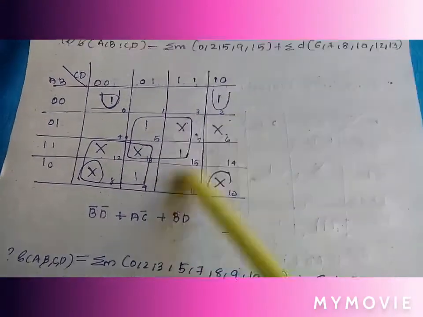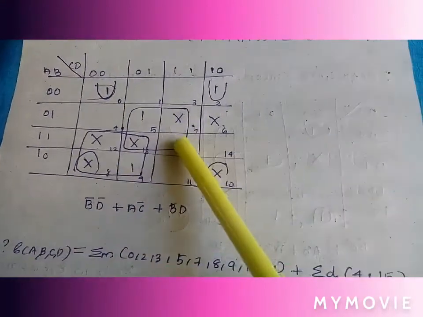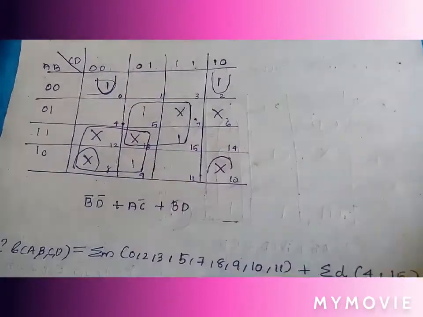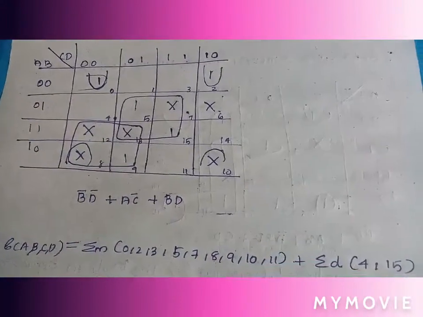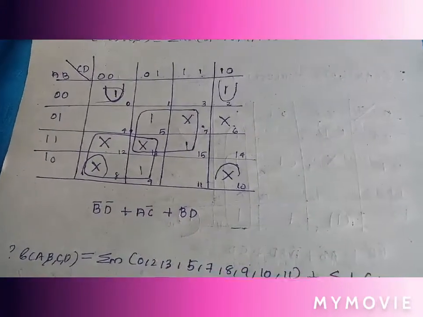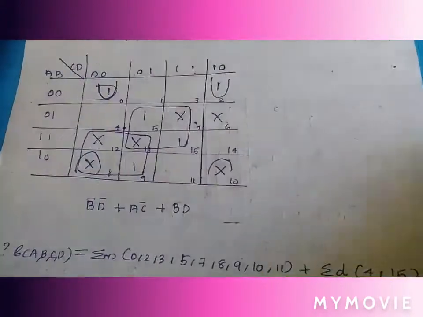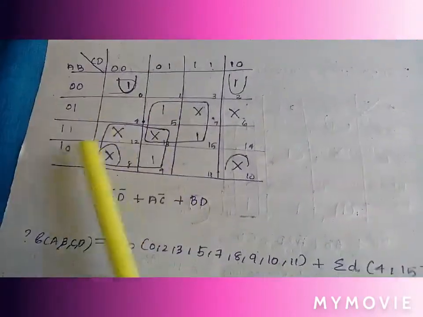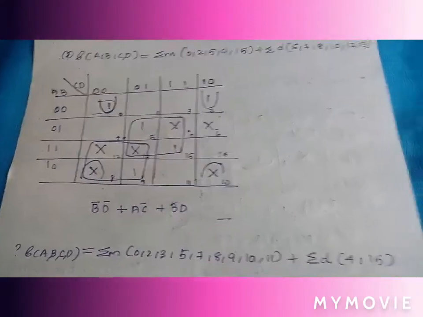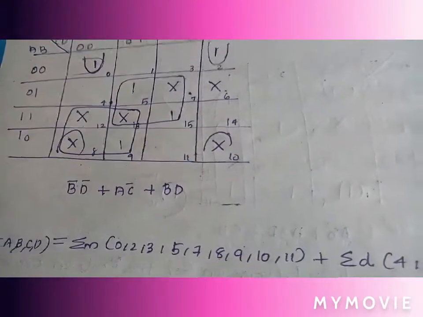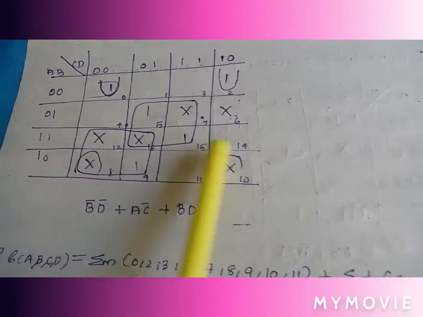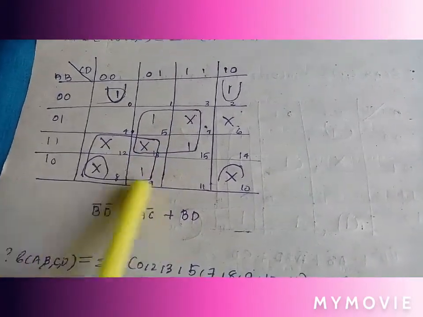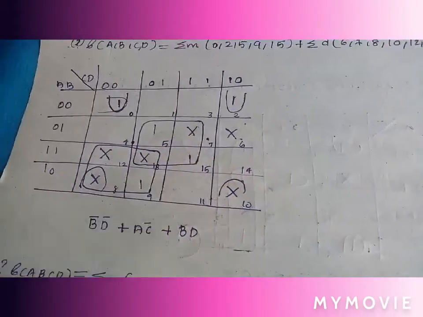We can make a pair here, and here also a pair, but we didn't use them because the largest group is more preferable, so we use quads. The answer is B bar D bar plus A C bar plus B D. B bar D bar represents the corner quad, A C bar this one, and B D here.